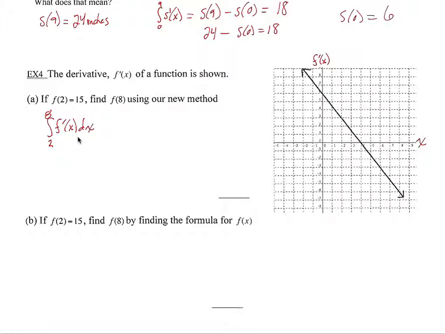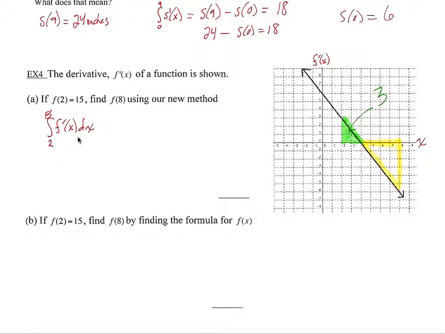So we are starting at 2, so between 2 and 4, if we simply read the area off of the graph, this area in here ends up being a total of 3 units, and then we have the area that's underneath the graph from 4 out to 8.